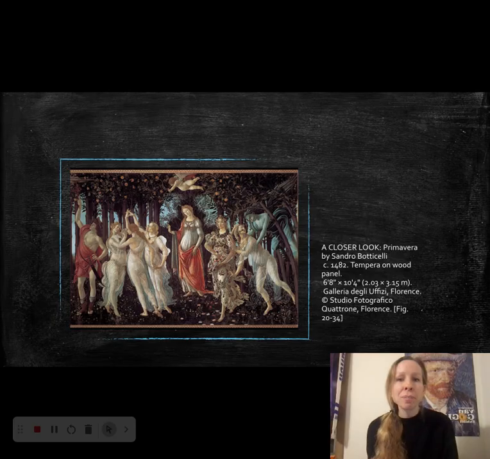So Botticelli visually expresses this idea by placing Venus calmly in the center, and she separates both of these aspects.